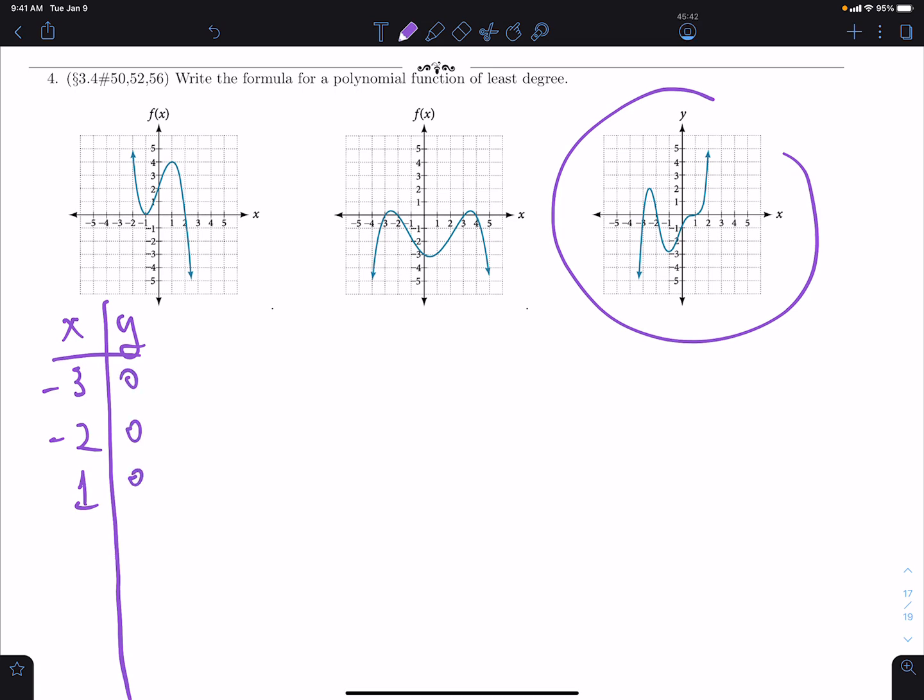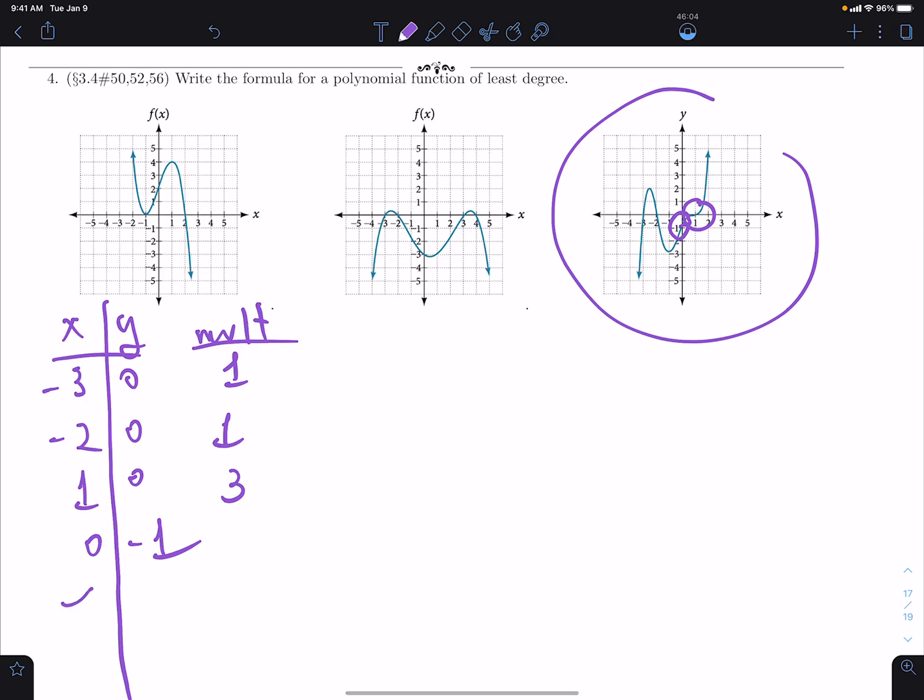And notice that at 1, it has a multiplicity of 3, because right up close, it looks like a cubic. But the other 2 roots look just like straight lines, so those have multiplicity 1. How about the y-intercept? If x is 0, y is -1, that's right there.